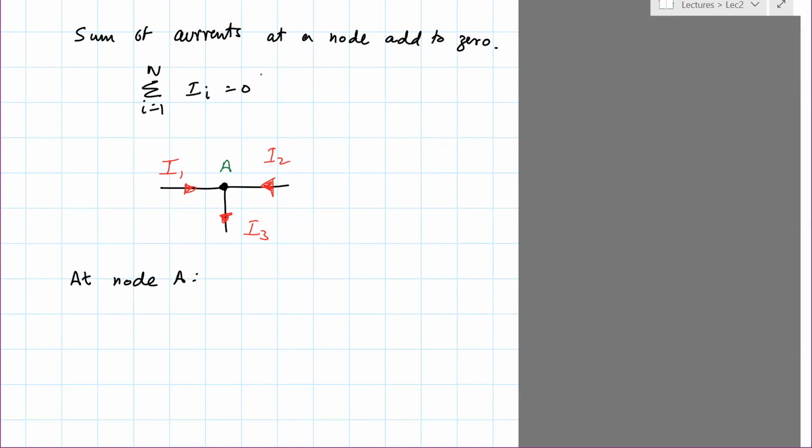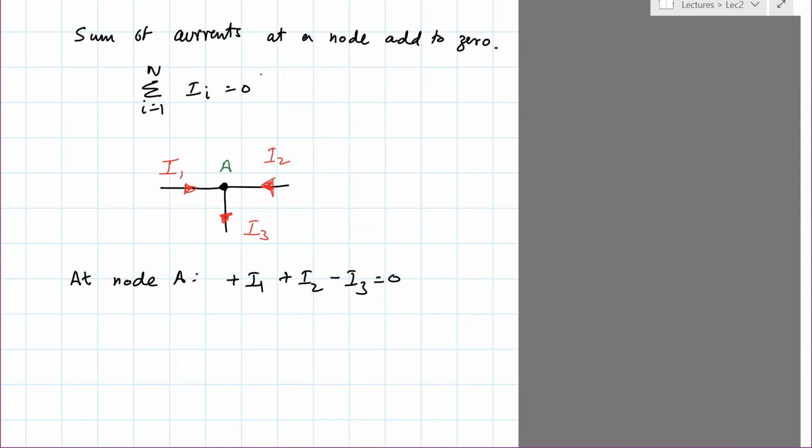So just choose one convention you want. Everything going in, let's say, is positive. So positive I1, since it's going to A, positive I2, since it's going towards A, and then I3 comes out, so we'll put a negative sign. Okay, so this is how you will write the current. It's basically saying that current cannot just disappear. Whatever goes in comes out. So those are the two rules we'll need in order to analyze circuits.